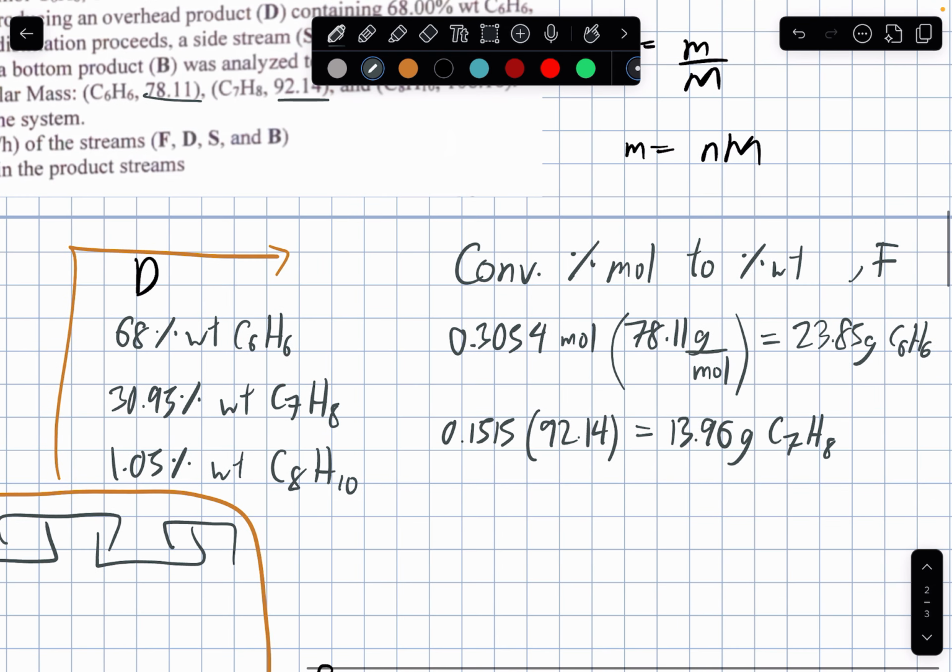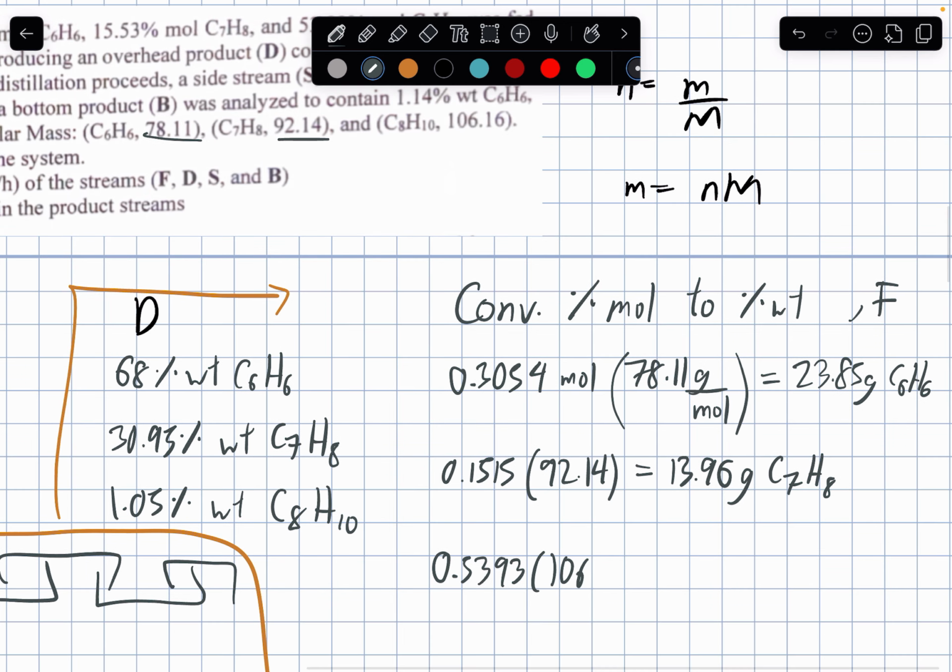Next, 0.5393 times molar mass corresponding is 106.16. Calculate. 57.25 grams of C8H10.